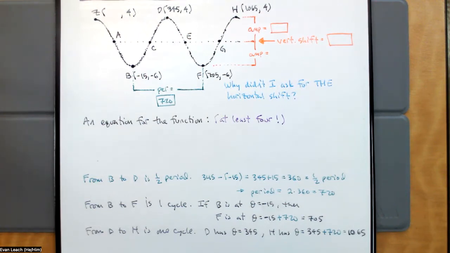Because D is at the top and H is at the top, that represents one cycle. The period is 720. That's the length of one cycle. So those horizontally will be 720 apart.